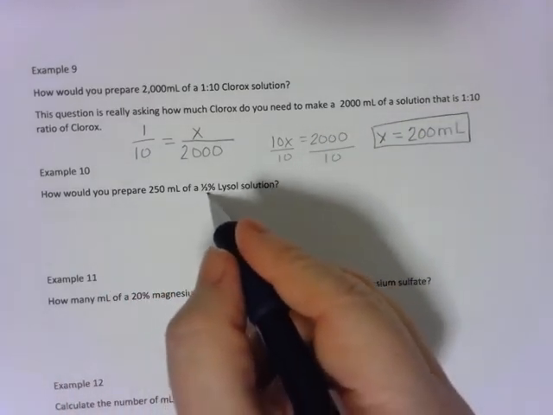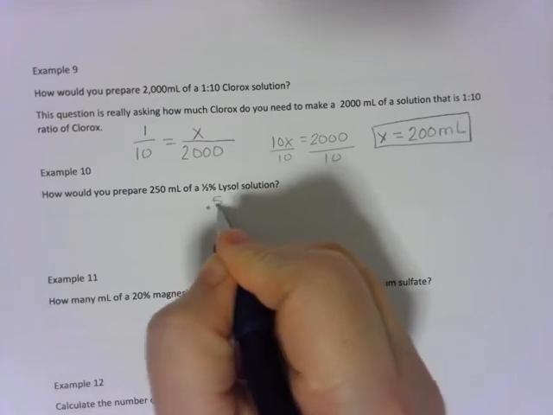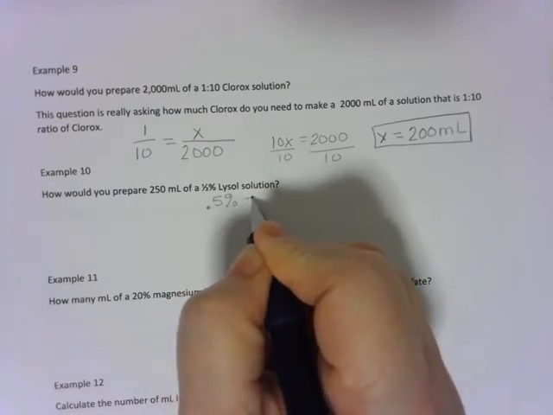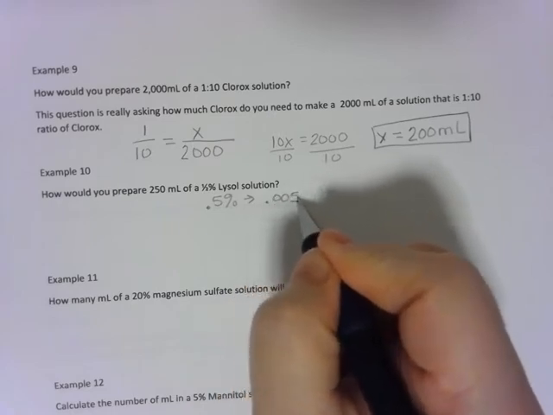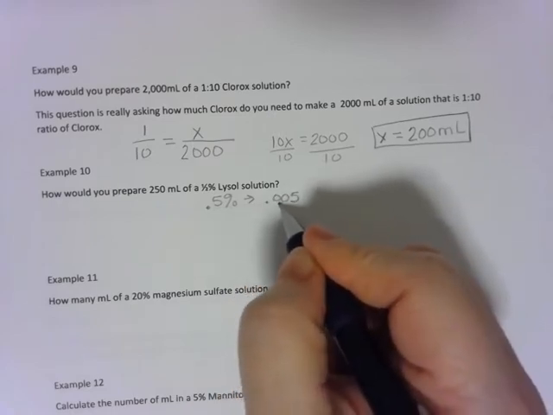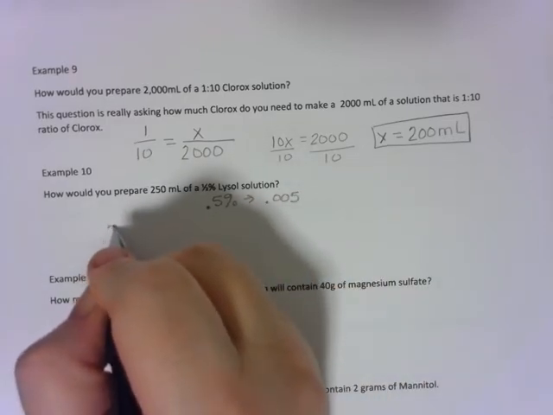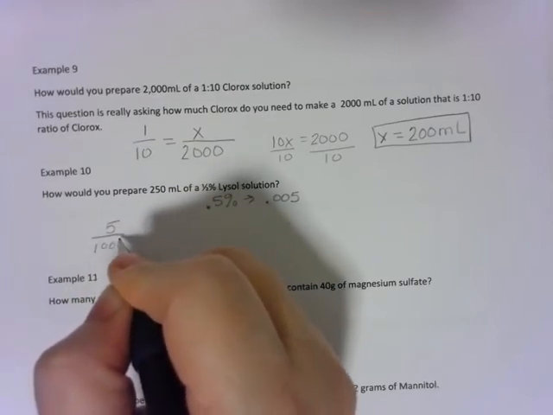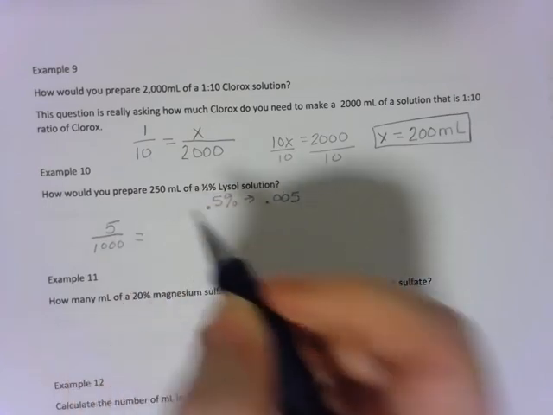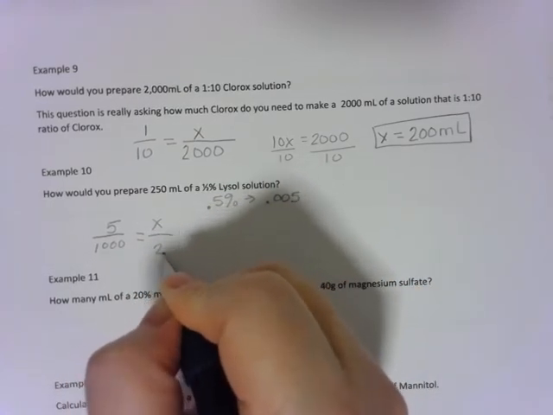So now we're looking at a 0.5%. A 0.5% we can write like this, which is 0.005, representing that as a fraction, 5/1000. And I'm going to set that up equal to X over 250.